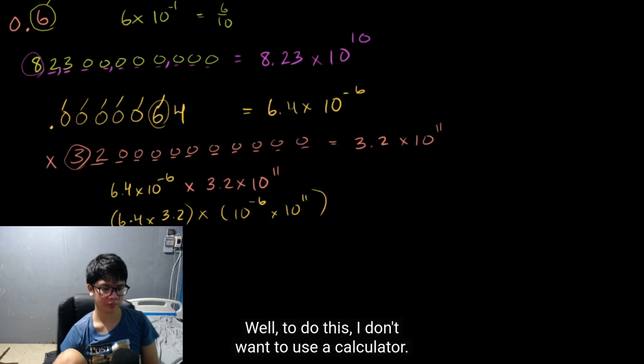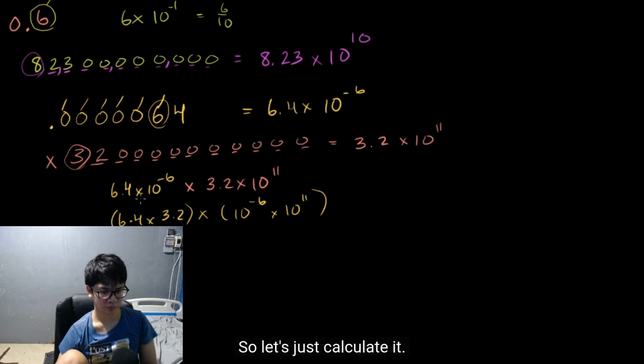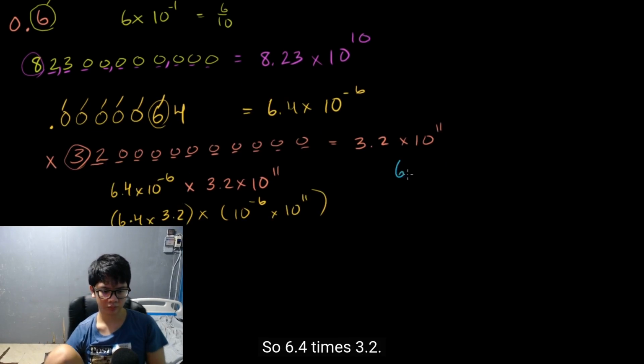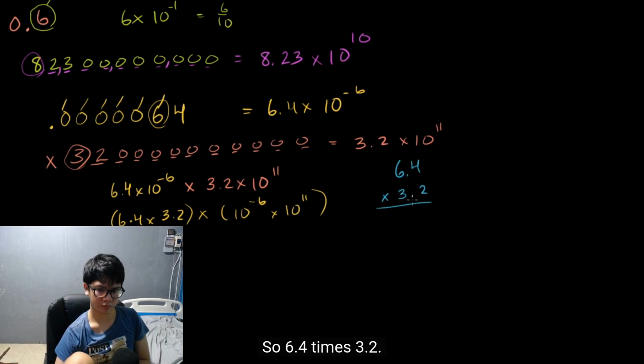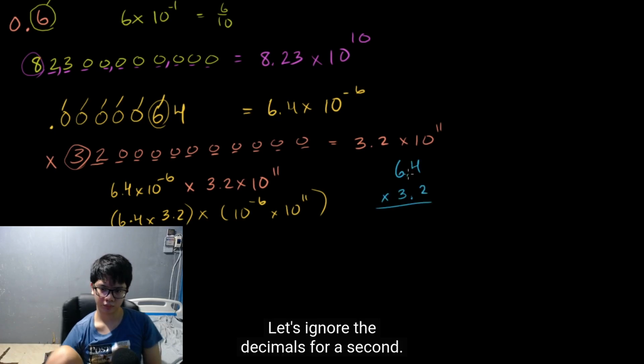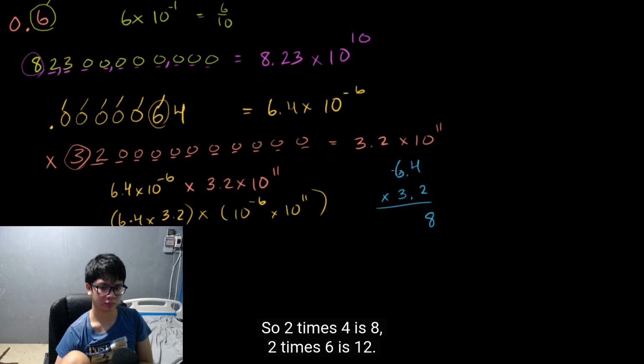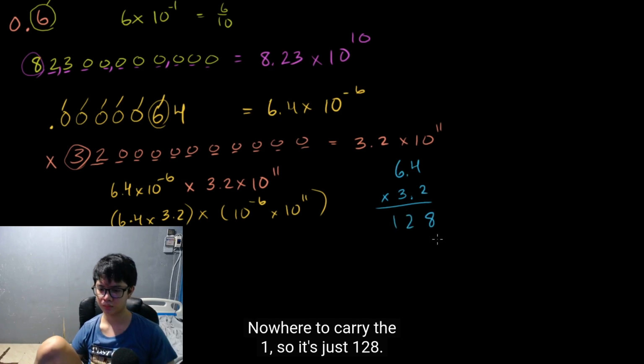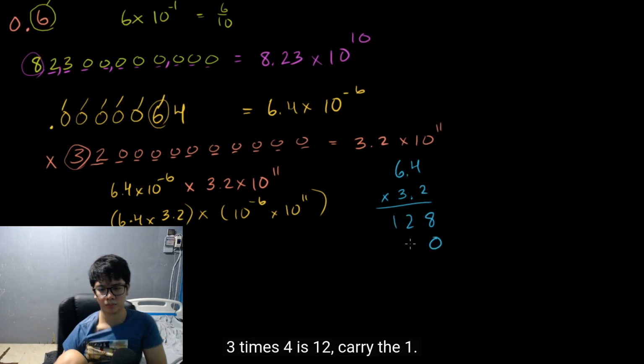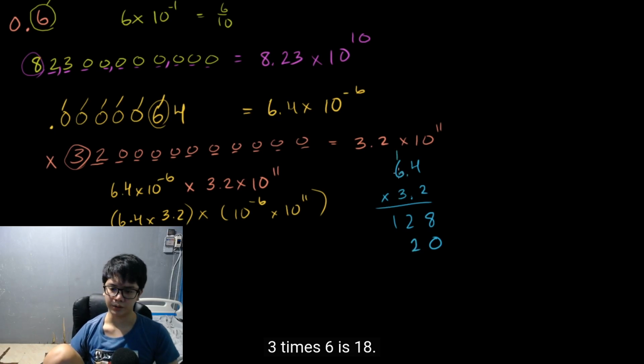Well, to do this, I don't want to use a calculator, so let's just calculate it. So 6.4 times 3.2. Let's ignore the decimals for a second. We'll worry about that at the end. So 2 times 4 is 8. 2 times 6 is 12. Nowhere to carry the 1, so it's just 128. Put a 0 down there. 3 times 4 is 12. Carry the 1. 3 times 6 is 18.